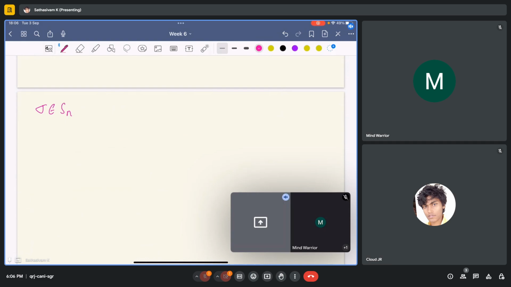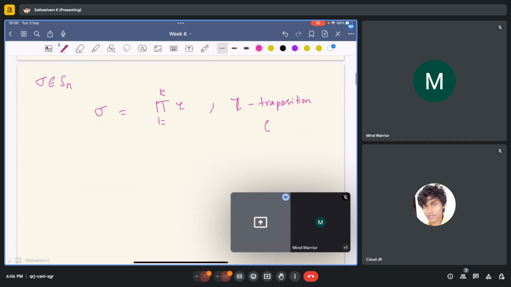One of the theorems says if you take any sigma, you can write it as a product of transpositions, where this tau is a transposition. A transposition is basically an element of this type. It only permutes two elements and fixes everything else. Those are called transpositions.